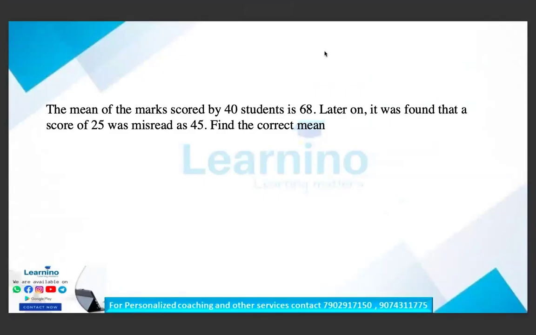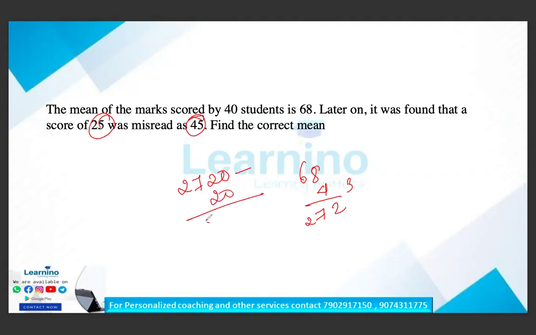Mean of the marks scored by 40 students is 68. Later on, it was found that the score of 25 was misread as 45. Find the correct mean. So 68 into 40, 2720 was the sum. Minus 20, since 25 was misread as 45. So 2700 is the sum, divided by 40.